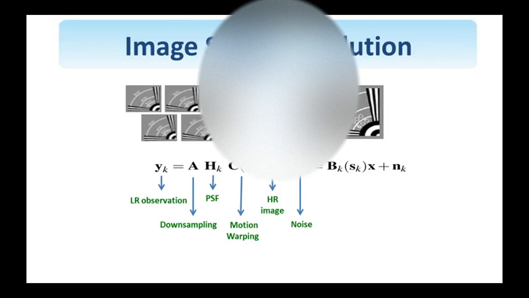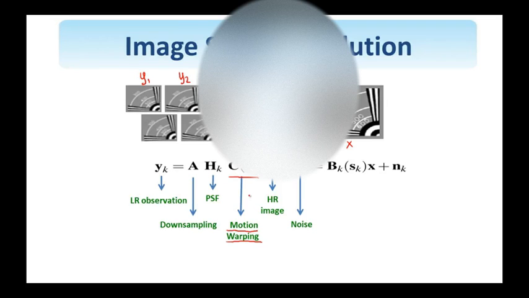Based on the discussion we had in the previous slide, we show here the image super resolution acquisition model or the degradation model. X is the high-res image, and Y of k, let's say Y1, Y2, Y5, are the low-resolution observed images. So according to this model, the high-resolution image is first motion warped. This could mean just subpixel shifted, or a rotation component might be present, or any affine transformation might be included in this motion warping operator, which is described by the parameter S of k.